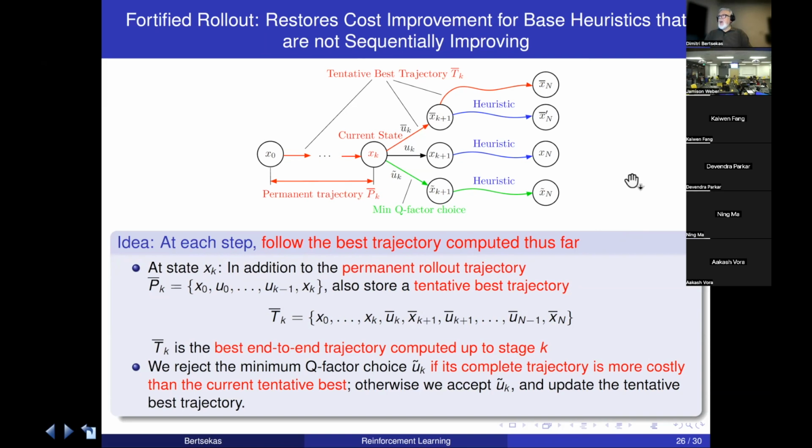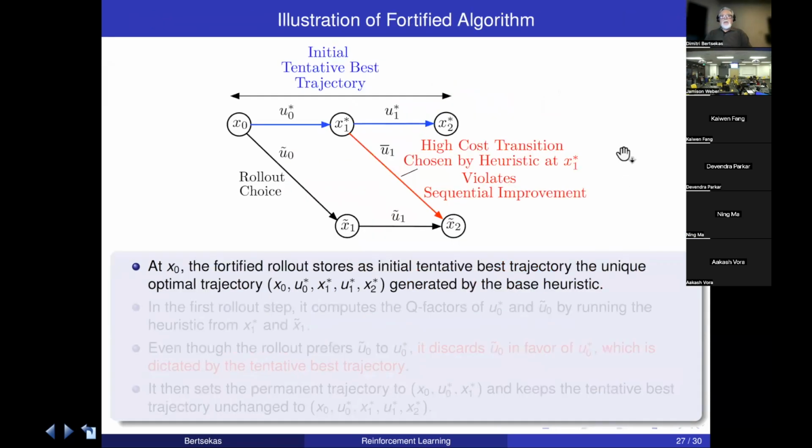So I'm going to give you an example of how this works in the situation we had earlier. Remember the problem. This is the optimal trajectory. However, the rollout compares this with this and prefers to go this way. And because of this high cost transition, the cost of this trajectory is higher than the cost of this trajectory.